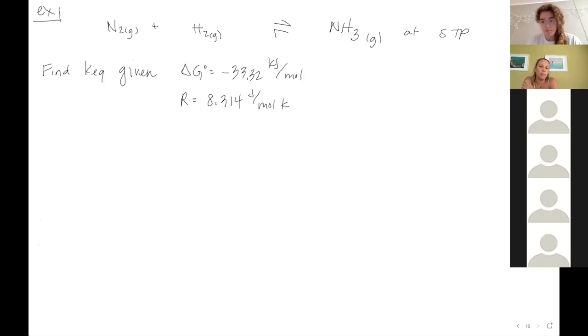It should be a really big number. So it's KEQ equals e to the negative delta G standard over RT.